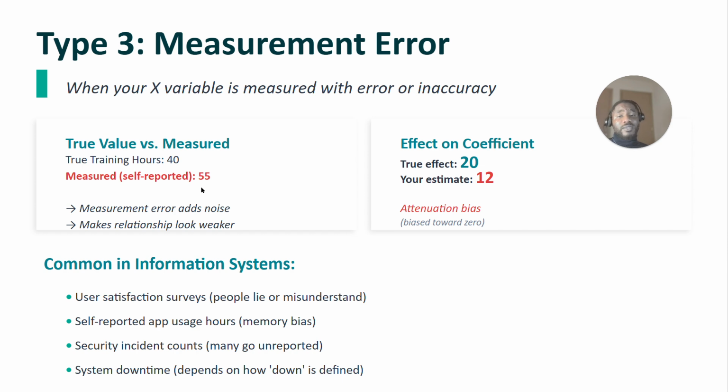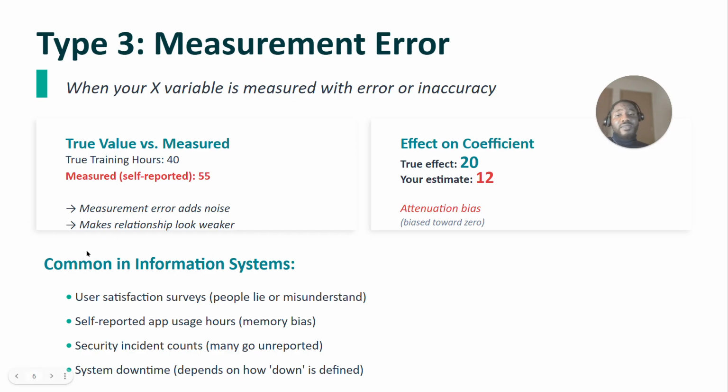Now, look at this example. Let's say you create a user satisfaction survey. You have to understand that when it comes to user satisfaction, people lie or misunderstand questions. Self-reported app usage: people might have terrible memory about how much they actually use the app.